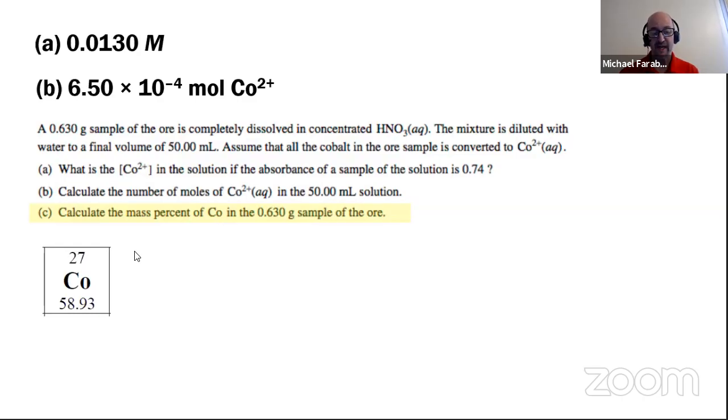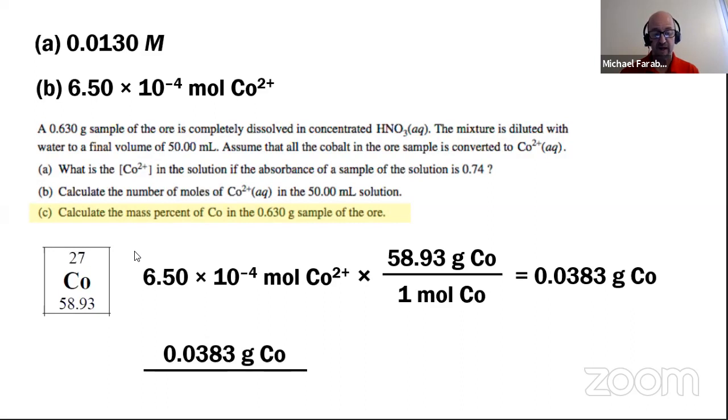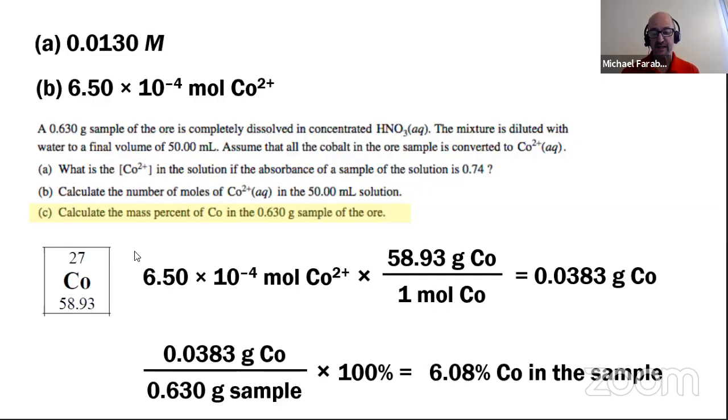So we'll take our answer to part B and we'll convert from moles to grams using the information off the periodic table. And then this answer, which is the grams of cobalt, will be divided by the mass of the ore. So we have a ratio of grams of cobalt divided by the grams of the sample of the ore, multiply that by 100%, and that will give us the mass percent of cobalt in this sample of ore. In this case, if we do this math, we get approximately 6.08% cobalt by mass.